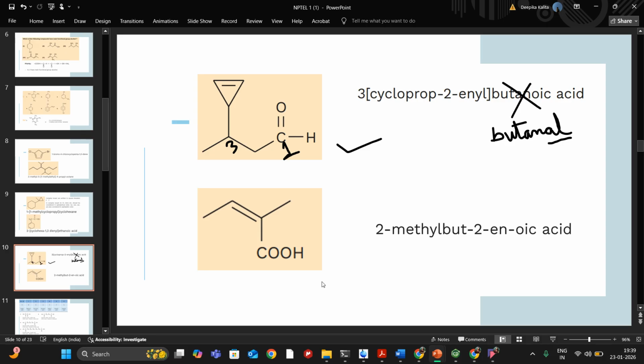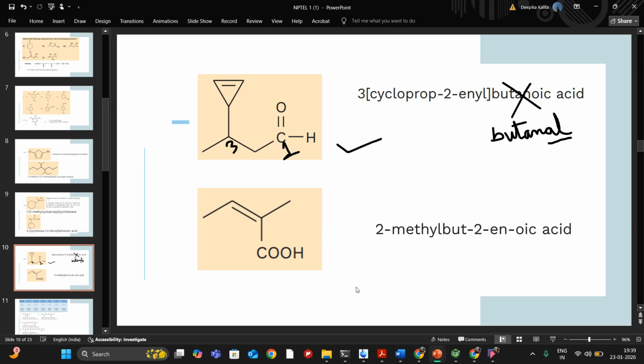First, identify the functional group, because that is going to give the parent organic compound name. For example, we use -oic acid for a carboxylic acid and -al for an aldehyde.